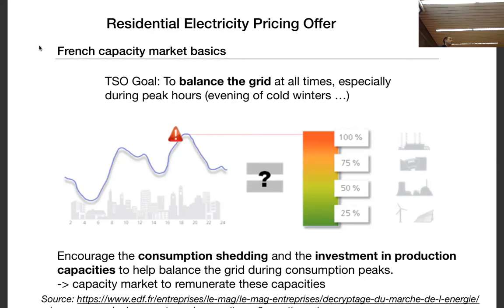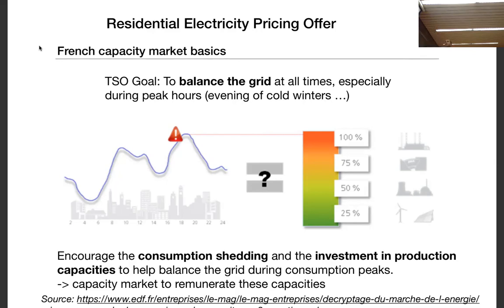It's the equivalent of a dozen nuclear power plants, just like that in 2 hours. And the TSO has to balance that. Then during the day it decreases a little bit, and during the evening it starts again. There is a peak, and then it decreases. And so the TSO has to balance the grid.